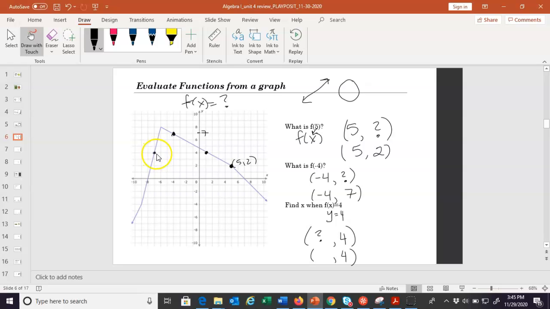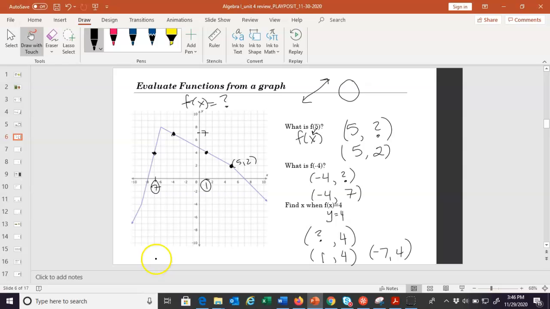And the graph exists here. So there are 2 different places where y is 4. And it happens at x equals 1. And it happens at x equals -7. So there are 2 different places that the graph exists at y equals 4. Here and here. And they wanted us to pick off the x values.